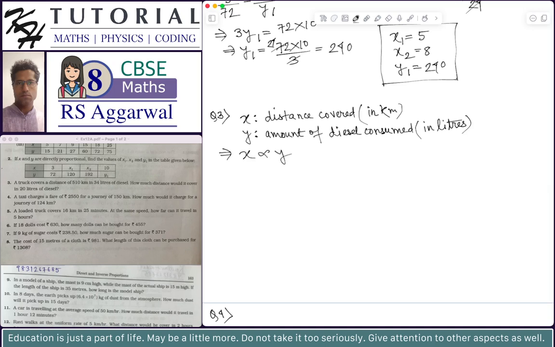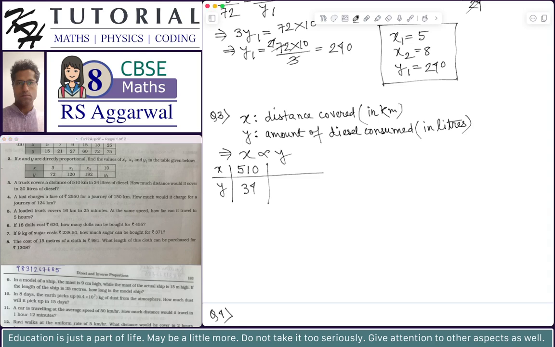Now if you create a table of data for the two quantities x and y, it is given that a truck covers a distance of 510 kilometer. So one corresponding value of x is 510 and the corresponding value of y is 34. Next, it is asking how much distance would it cover in 20 liters of diesel.